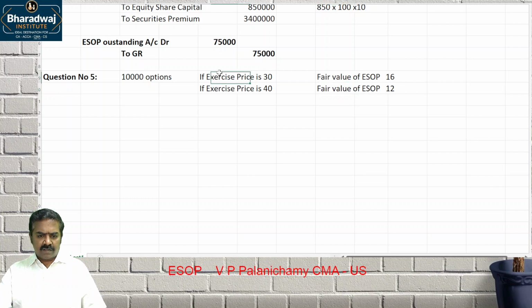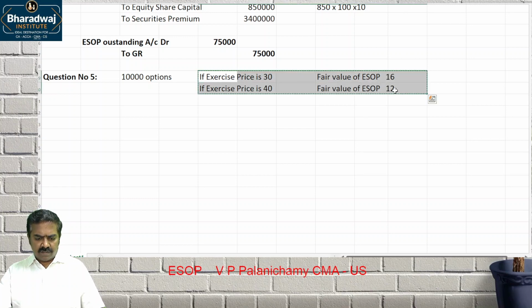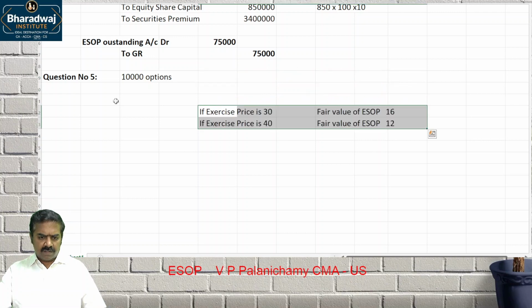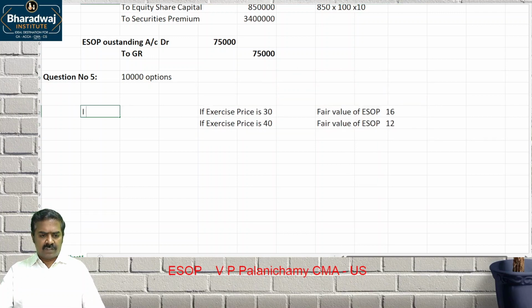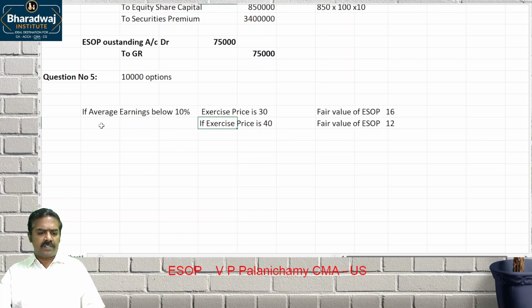Okay, wait. When will the exercise price of 30 happen? If average earnings are below 10%, the exercise price will be 30, fair value will be 16.